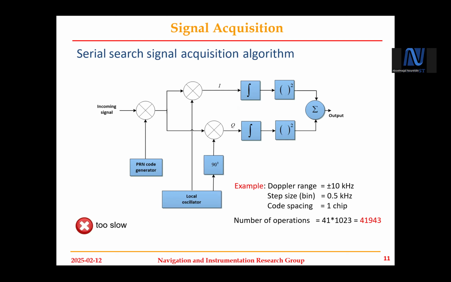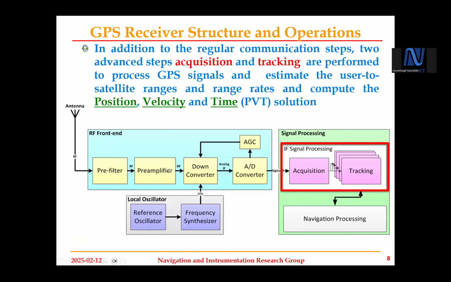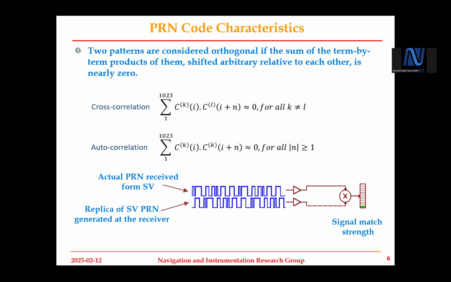In this case, what we do, we generate a local replica of the signal. We know the code, right? We are now searching for that particular satellite. So we know the code. It is important to remember this. When I get a few samples of the incoming signal, I don't know the delay.